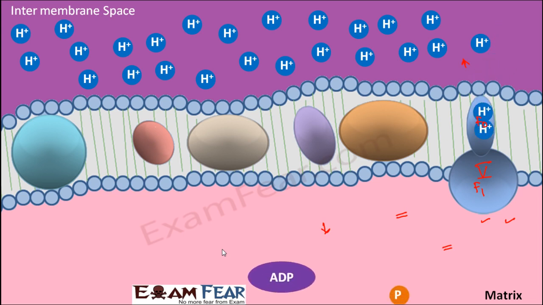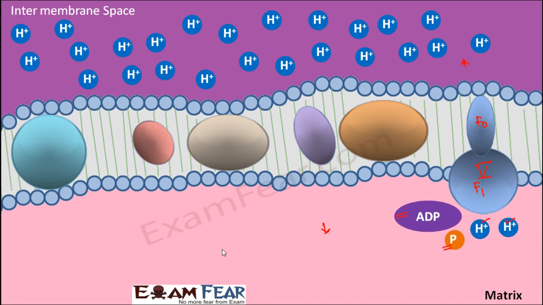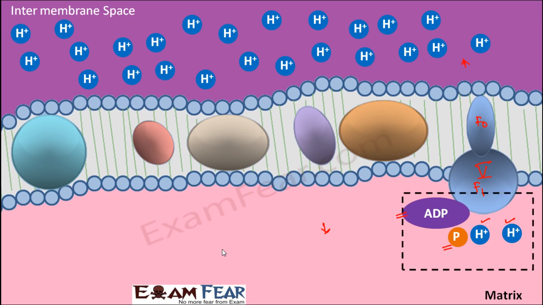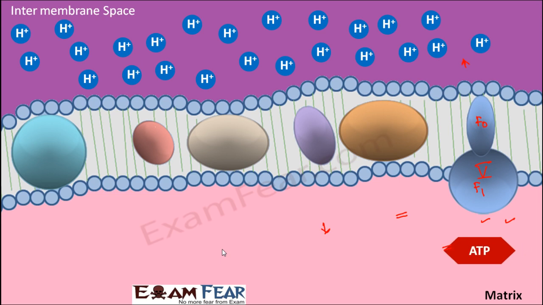The breakdown of the gradient happens as hydrogen ions start to move across the enzyme, and the energy released when the gradient breaks down is utilized for the synthesis of ATP. So this is how ATP synthesis actually takes place. Now you know why mitochondria is called the powerhouse of the cell, because ATP is produced in mitochondria, right?